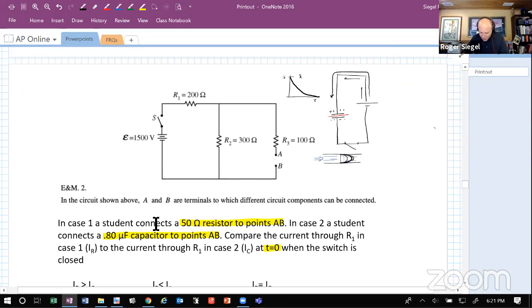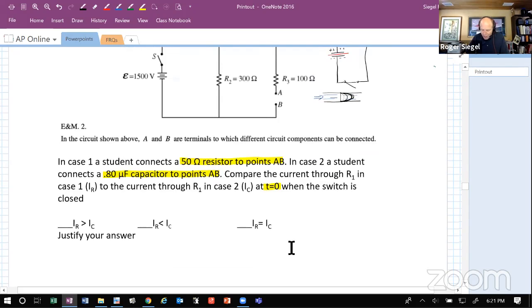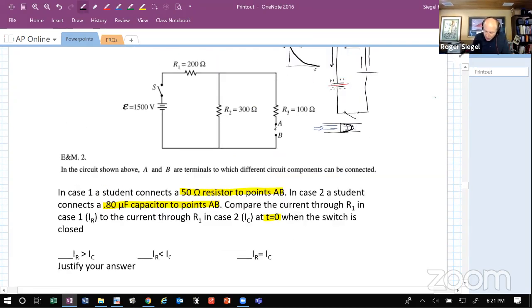All right, so we can figure this out. At t equals 0, I'm either going to have a resistor here, or I'm going to have a capacitor here. If I have a resistor, adding a resistor to another in series increases the resistance. We can figure out the resistance before with the capacitor. Remember, the capacitor provides no resistance. So the effective resistance with the capacitor is going to be this 200 plus these inverses: 300 inverse plus 100 inverse.